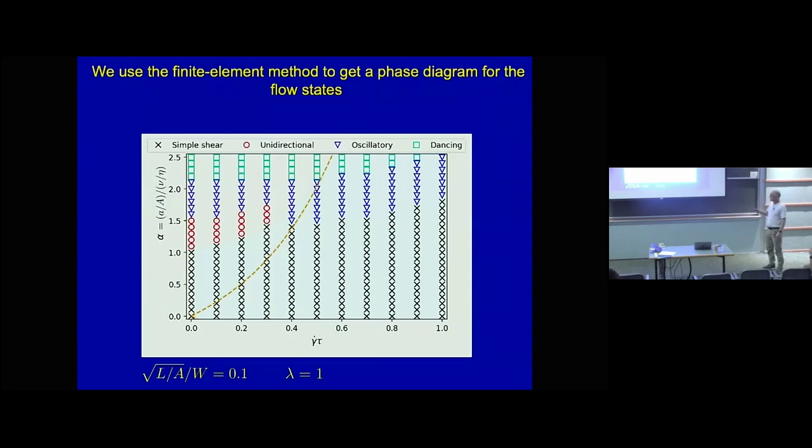The circles are, again, all this stuff is known for the case of zero strain rate. This is just unidirectional flow that you get in the channel. And I'm not going to talk anything about what happens at the high values. You get these dancing flows. The triangles are a kind of oscillatory flow, which is unsteady.